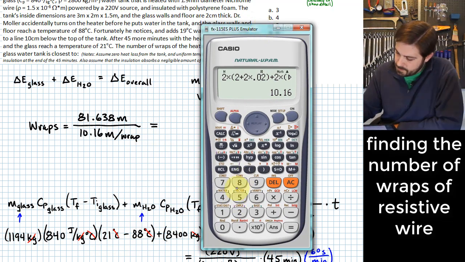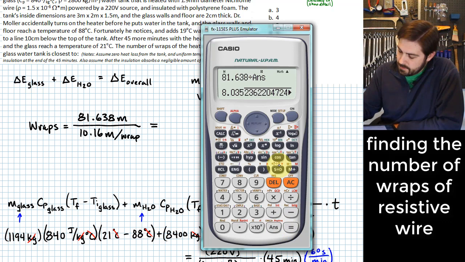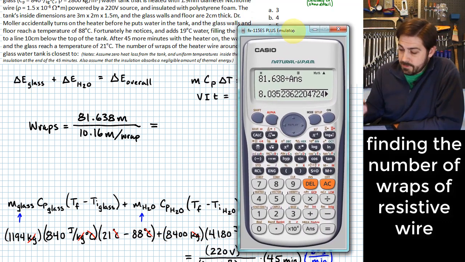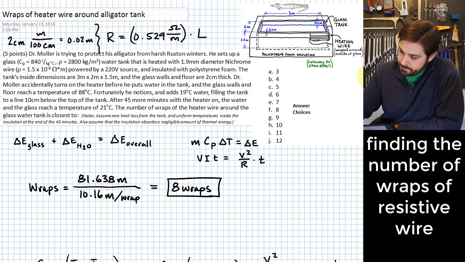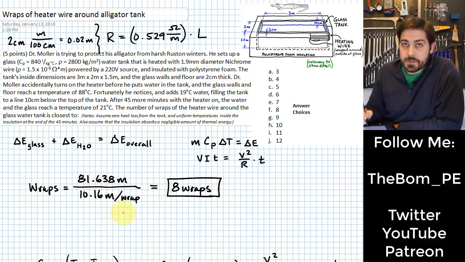Okay, so 81.638 divided by 10.16, the answer I just had. And so we are right about 8 wraps. And so the answer that I would pick would be F, 8 wraps.